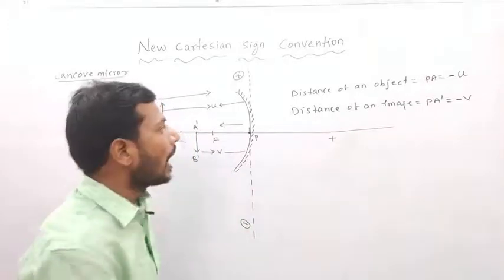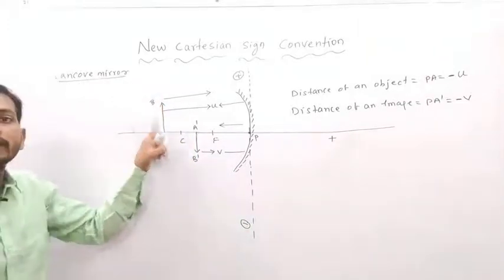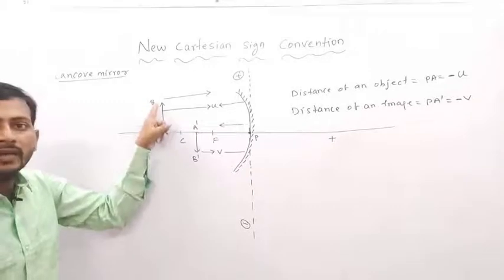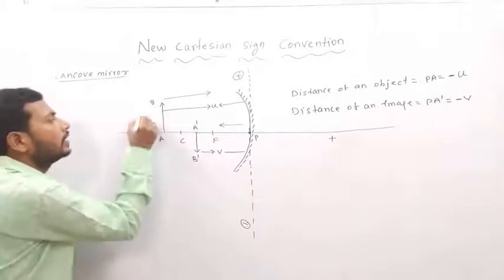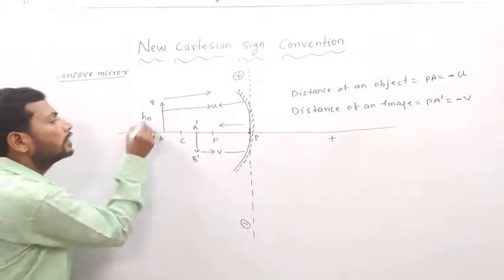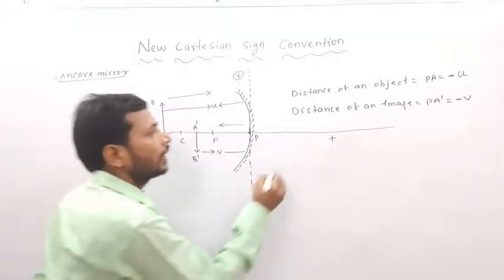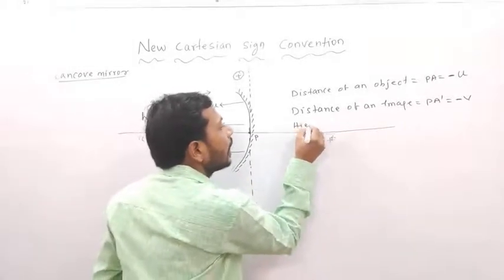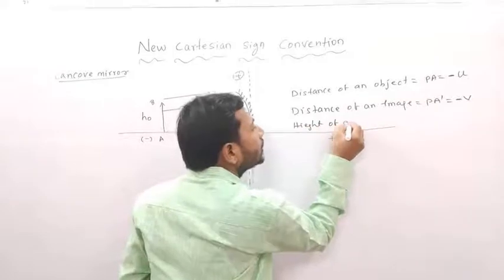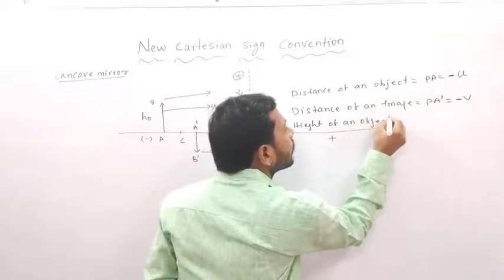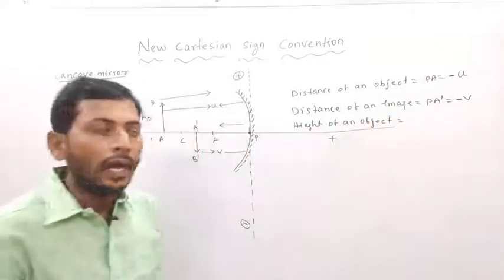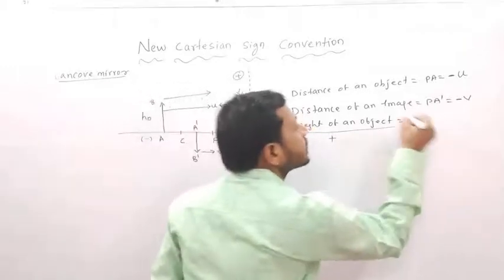Second thing is height of the object. Height of the object is what? AB. I am writing this as HO. HO means height of object. I am writing here, children, height of an object equals, I am going to write plus.